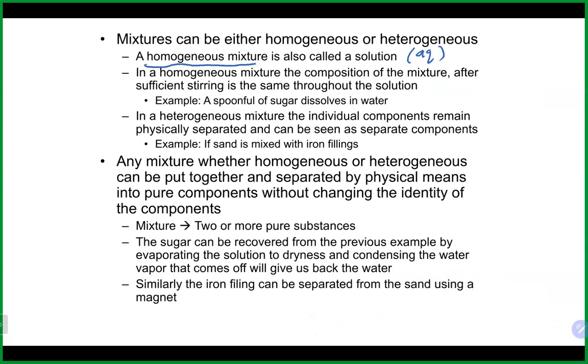So salt water is an example of a homogeneous mixture. Again, if you put the salt into the water, it will dissolve. It won't look like there's salt in there. Same thing if you took some sugar and put it into the water, the sugar would have no trouble dissolving. So that is definitely a homogeneous type of mixture. The other type of mixture is a heterogeneous mixture.